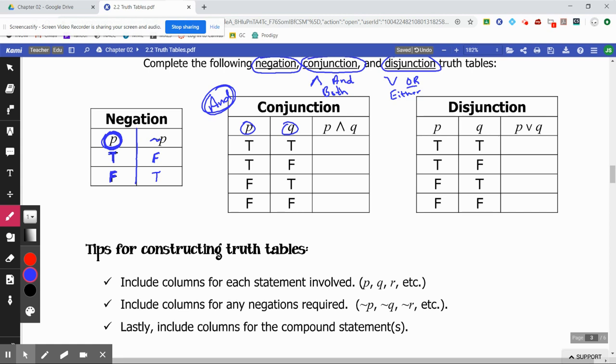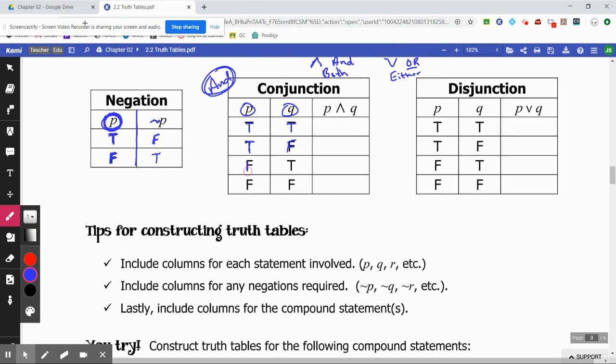If you've got a conjunction of P's and Q's, either P is true and Q is true, or P is true and Q is false. Or what if P is false and Q could be true, or P is false and Q could be false? That's all four scenarios that you can have for P's and Q's.